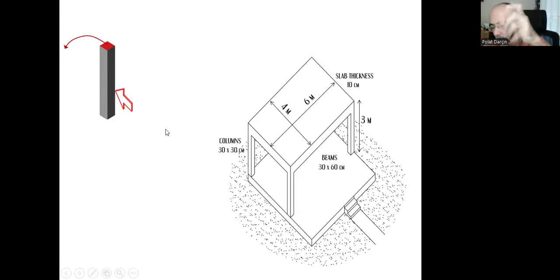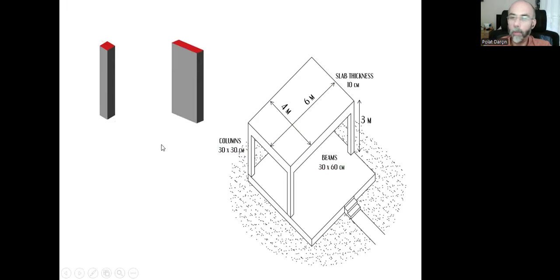However, instead of a square-shaped column, the 30 by 30 centimeter column, if you prefer a rectangular shape for the column itself, that means that instead of 30 by 30, we can just enlarge one of the sizes. We can create a 30 by 40 centimeter column, enlarging it just slightly in order to have a rectangular shape.